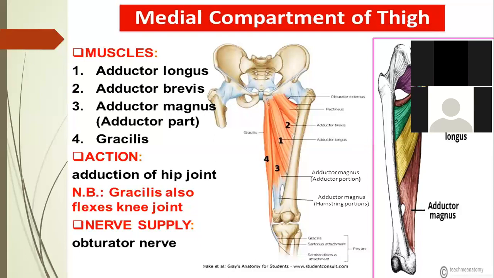Is the obturator externus also considered an extensor of the hip joint? No. Its name is obturator externus because it lies on the outer aspect of the obturator membrane. Obturator internus gets origin from the inner aspect of the obturator membrane. But both are the lateral rotators of the thigh at the hip joint.